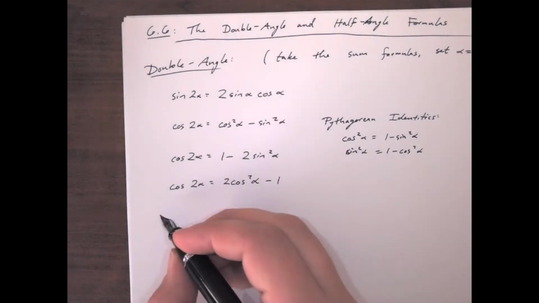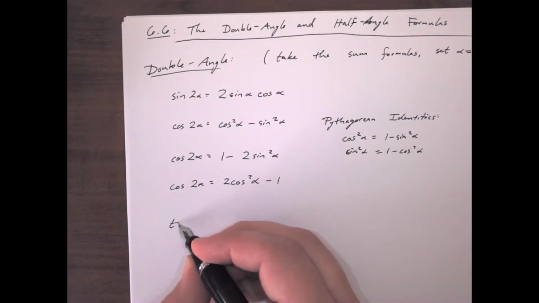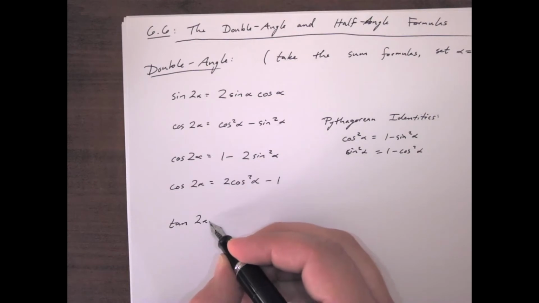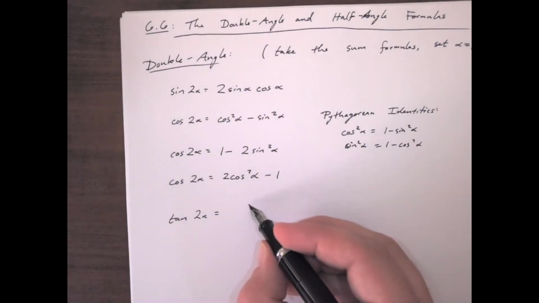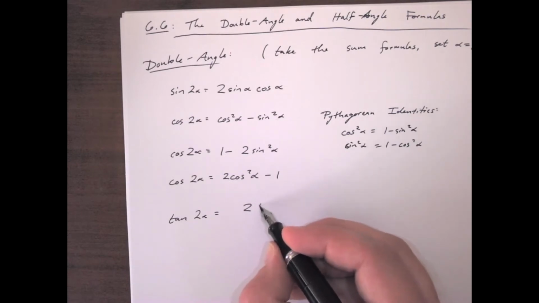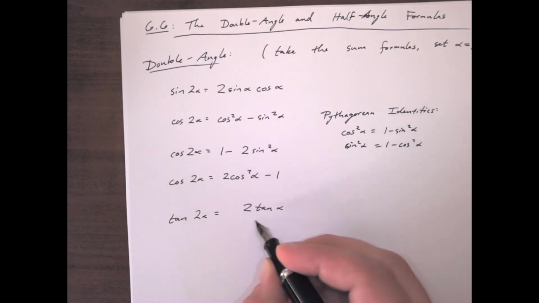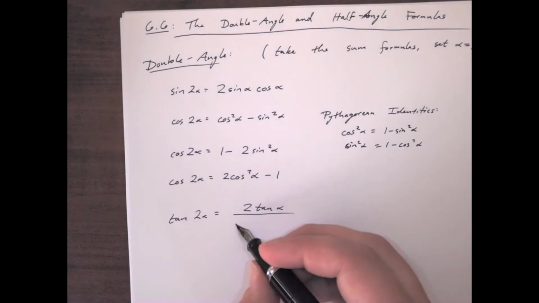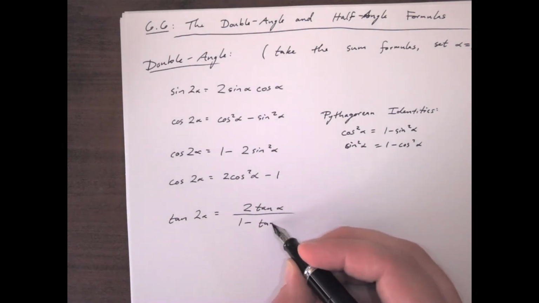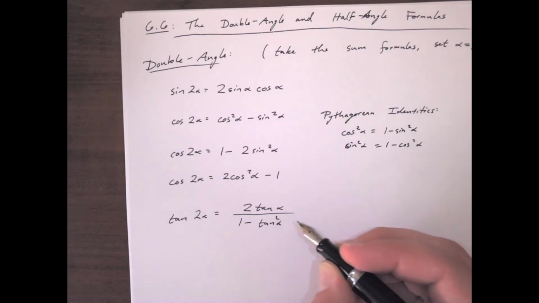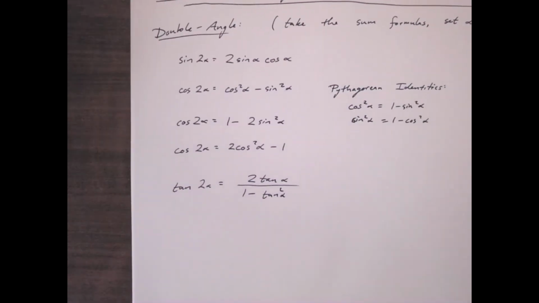Okay, and then for the tangent, we just again take our formula. It's tangent plus tangent on the top, so it's going to be 2 tangent alpha, and then on the bottom 1 minus tangent tangent, so it's going to be tangent alpha squared, or tan squared alpha.